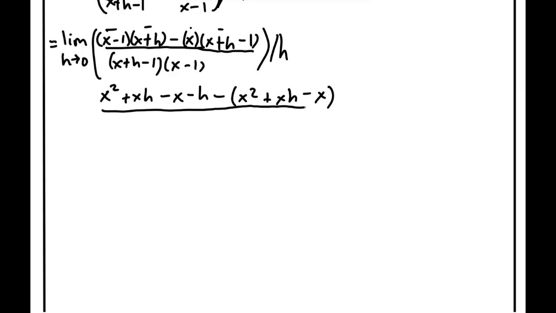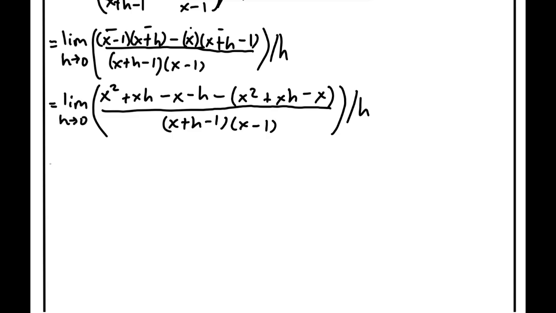This entire thing is divided by x plus h minus 1 and x minus 1. Then this whole thing all together over h. Limit h approaches 0.